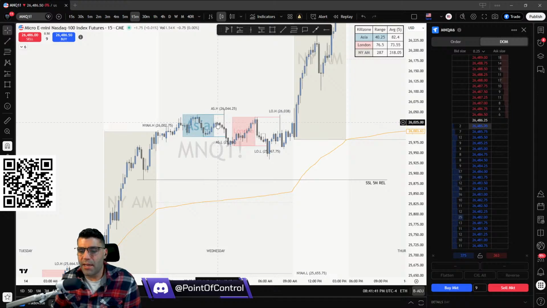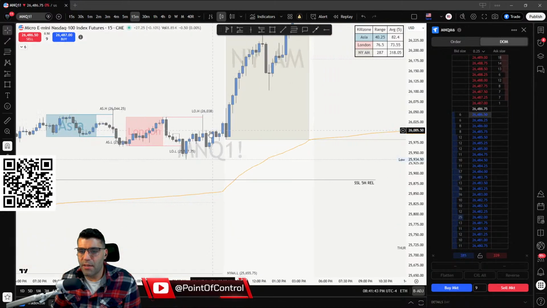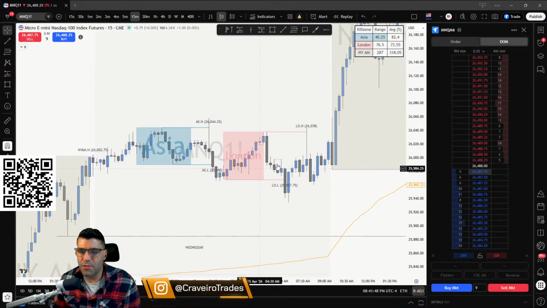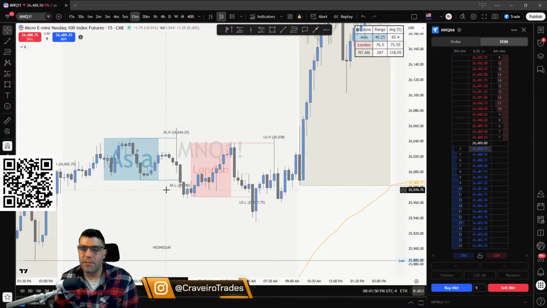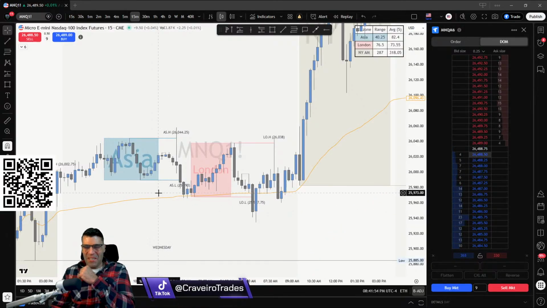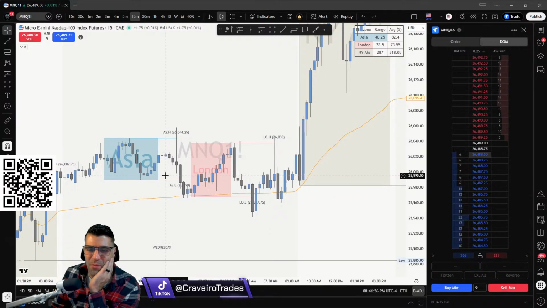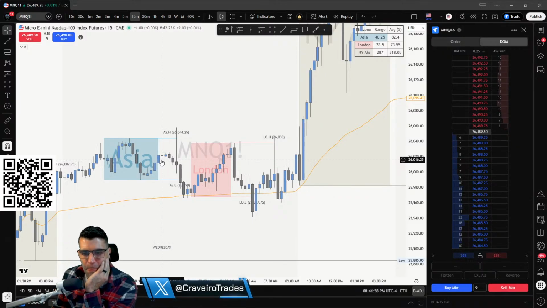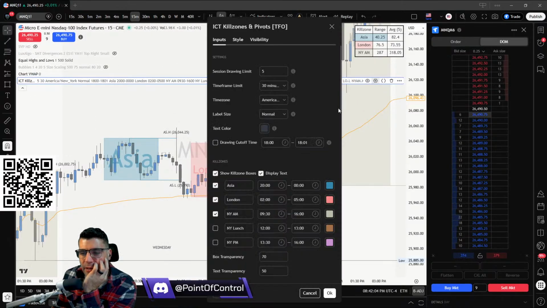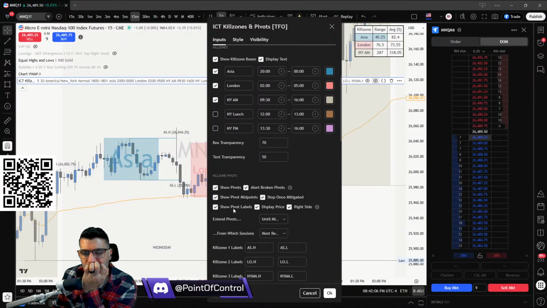Now, midnight, exactly at midnight, is a price level you generally want to pay attention to as well. A lot of people like to mark what's called true day open, which is, and set up this indicator to do it for me.